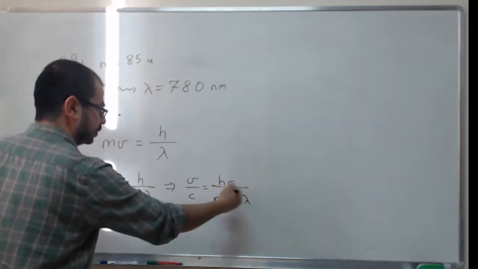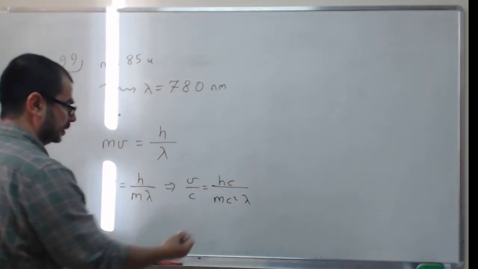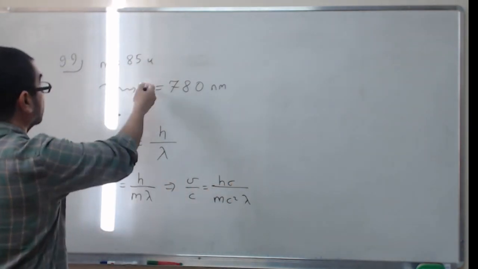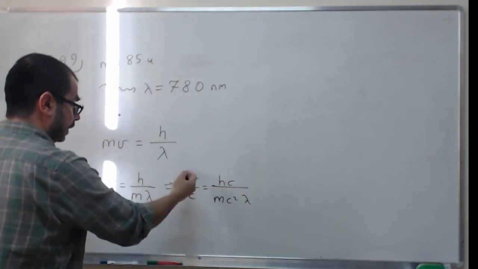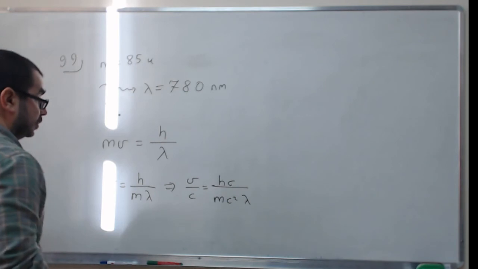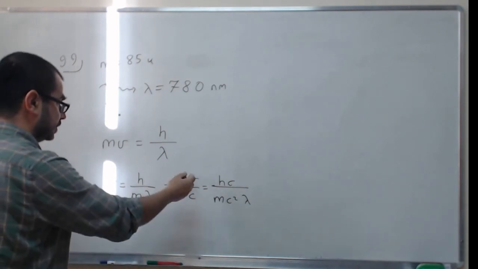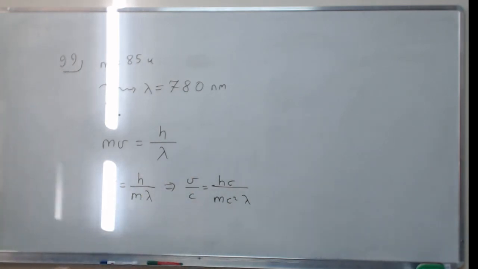Right, so this becomes 1240 electron volt nanometers. This is, well, 85 times about 2000 times half MeV, and then this is already given in nanometers, so you can carry out the cancellation easily and calculate V by C. And you are going to find that it's a small number. The result is actually non-relativistic.